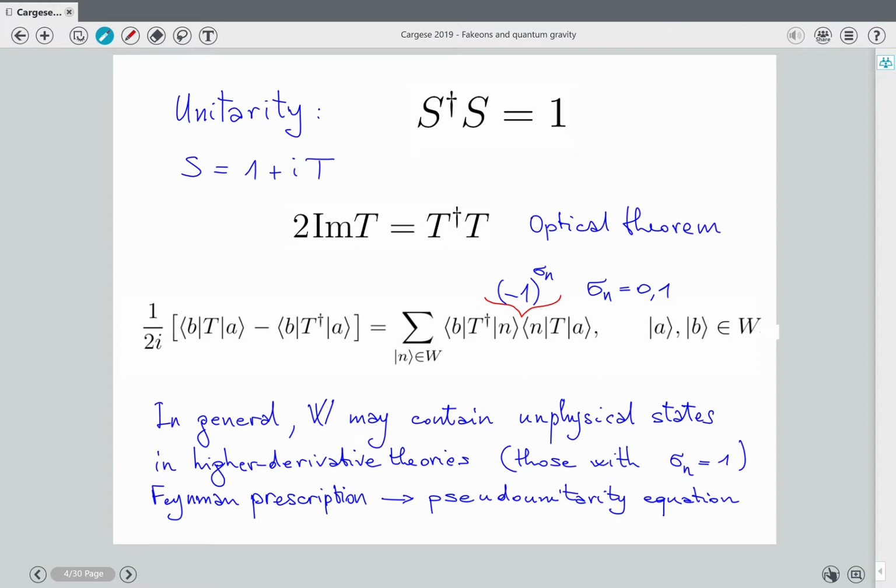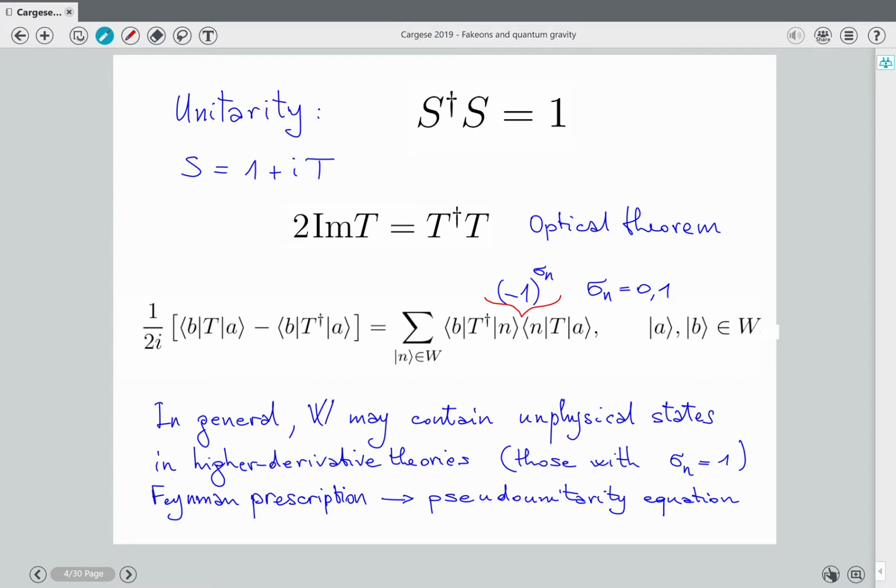So let's check what unitarity is. Unitarity is a statement about the S matrix, because from high energy physics point of view, we are talking about a scattering theory. And if you decompose the S matrix as 1 plus corrections, 1 plus iT, you can rephrase this identity as the identity for the T matrix written here, which is known as the optical theorem.